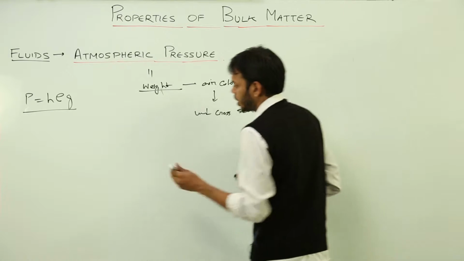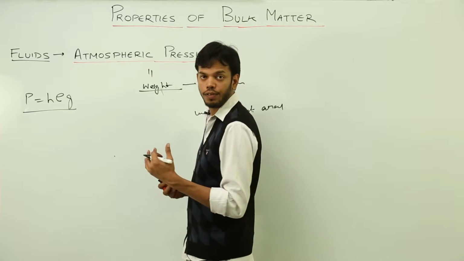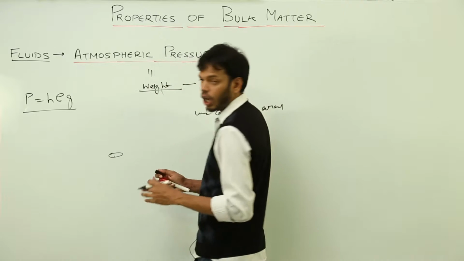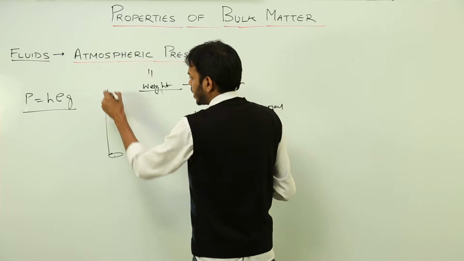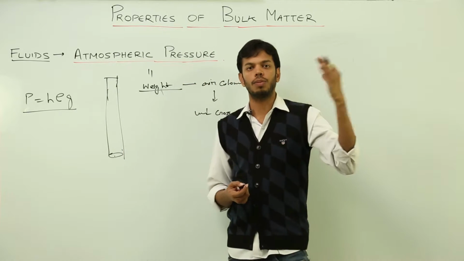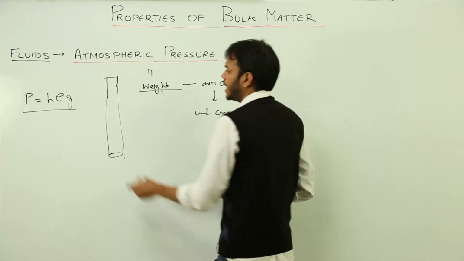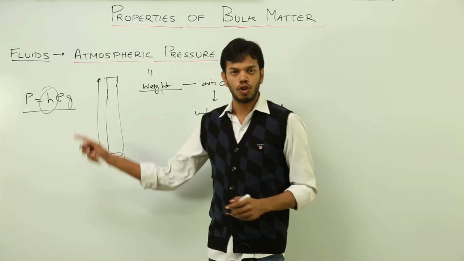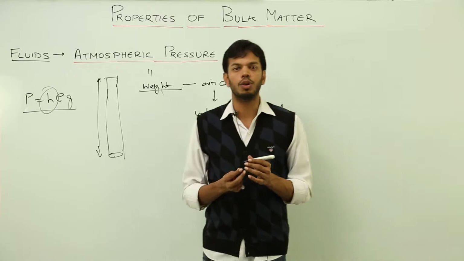Suppose this is the point where we have to find the atmospheric pressure. We draw a unit area above it and extend it up to the top of Earth's atmosphere, and putting that height in this formula, the pressure we get is called atmospheric pressure.